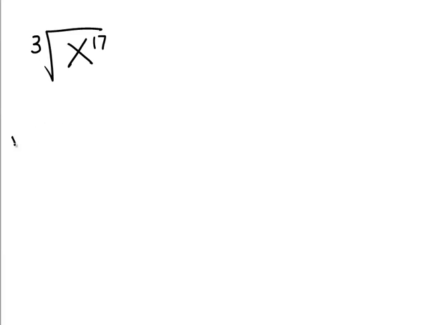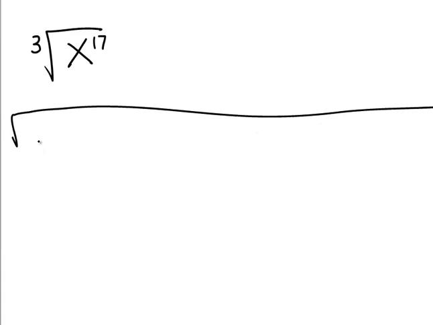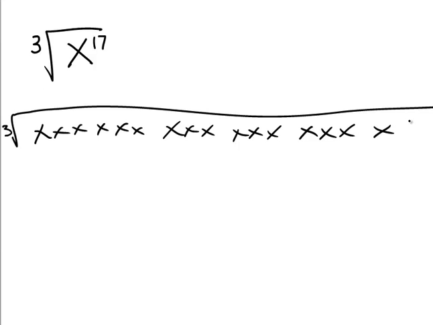That's asking me to do this: 1, 2, 3, 4, 5, 6, 7, 8, 9, 10, 11, 12, 13, 14, 15, 16, 17. I'm looking for 3 of a kind, because for every 3 that are inside the radical, 1 gets to come out. So there's 3, there's 3, there's 3, there's 3, there's 3. Oh, 2 left over.